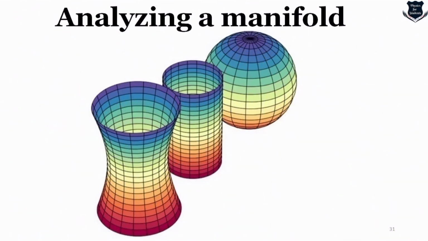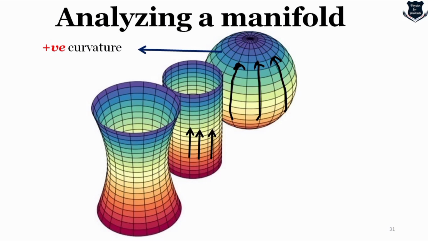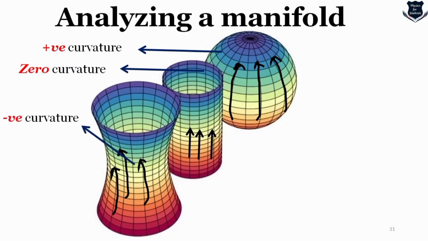So here is a hyperboloid, a cylinder, and a sphere. If we move around this way, we get a positive curvature because it converges at a certain point. These are more or less straight, so we can tell it has zero curvature. And this hyperboloid moving in this way has what we call negative curvature.